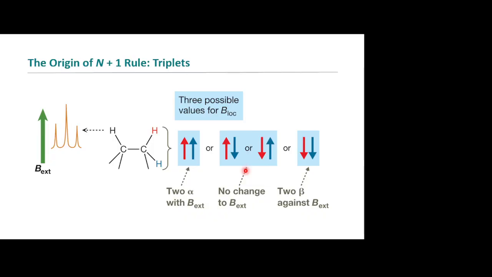This is why this is double the height. Because you have double the chance of that happening. And so your population that's in this state here is going to be twice the population that's in the other states. And so that's what gives you that stronger peak right there, that higher intensity, the larger area under the curve.